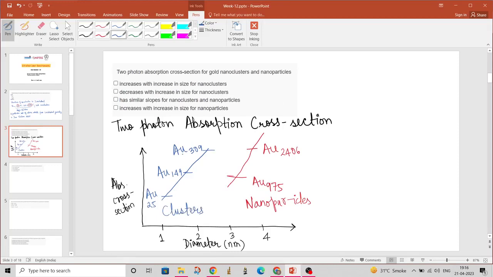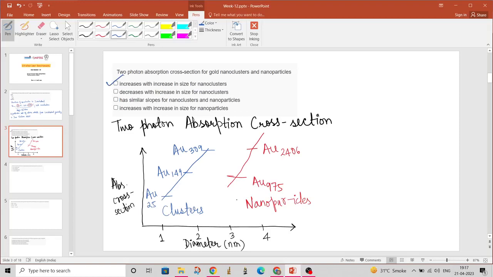Here we can see that as the diameter is increasing, the absorption cross section is also increasing. So the correct answer should be increases with the increase in size for nanoclusters, which is true. As the size in diameter is increasing, the absorption cross section on the y-axis is also increasing. So the first option is correct.